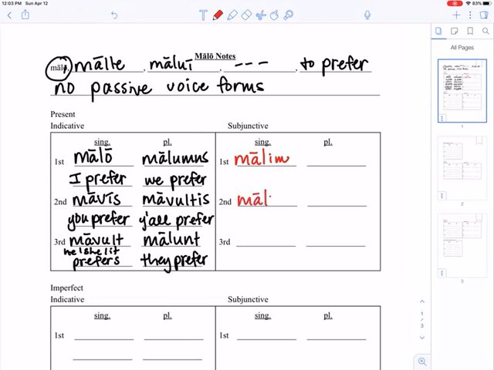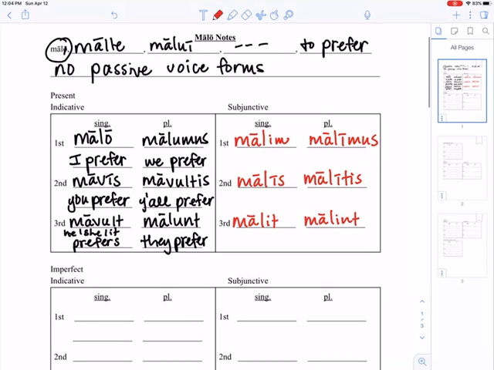You will have malim. Notice there are macrons over both vowels. You will have malit for third singular. We will go back to having two macrons here at first plural with malimus. Same here on the second plural with malitis. And then third plural will be malint. Okay, so there are our present forms.